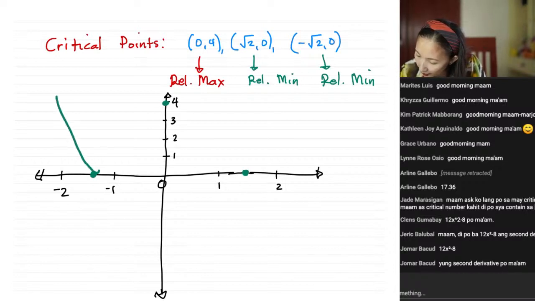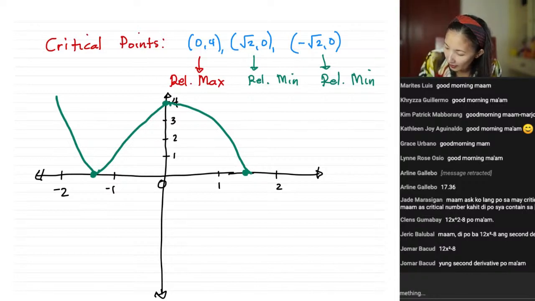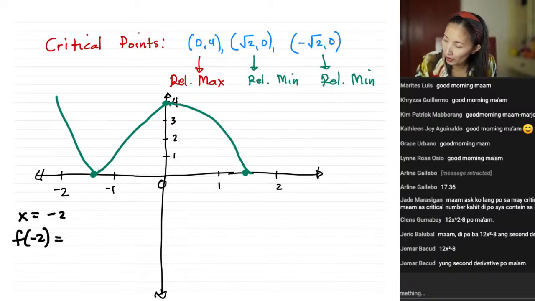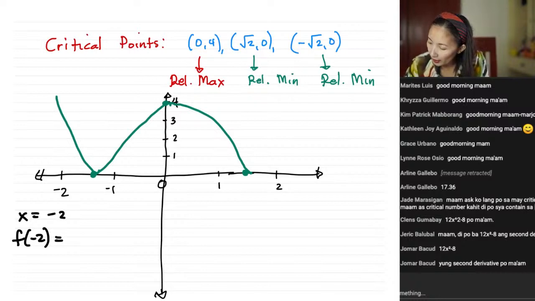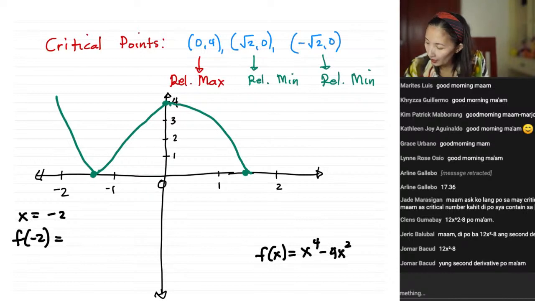You may add other points. You may want to evaluate the function at x equal to negative 2. To be sure, you can add x equal to negative 2. What is f of negative 2? Our original function is f of x equal to x to the fourth minus 4x squared plus 4.